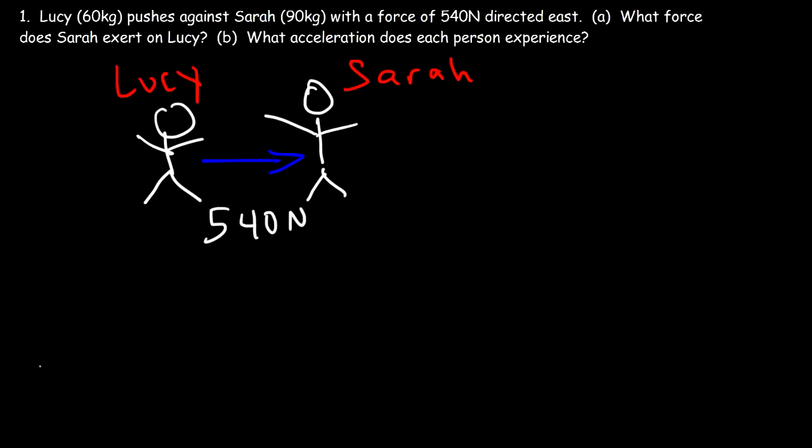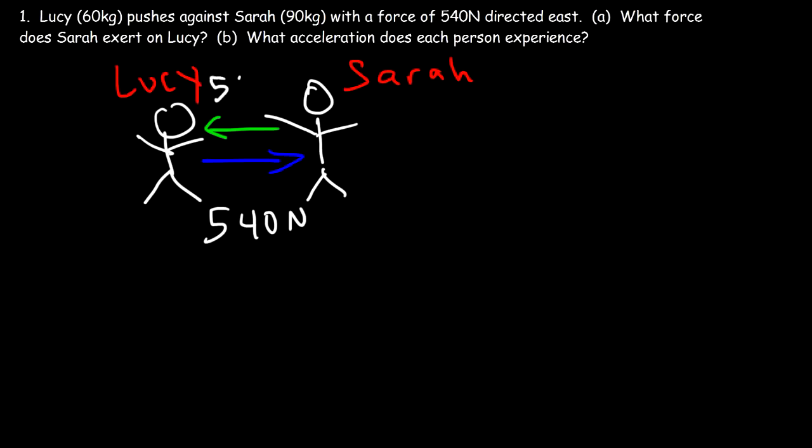So part A, what force does Sarah exert on Lucy? Now Sarah is going to push against Lucy in the opposite direction, that is towards the west, because according to Newton's third law, the two forces must be opposite in direction. And also the magnitude of both forces has to be the same.